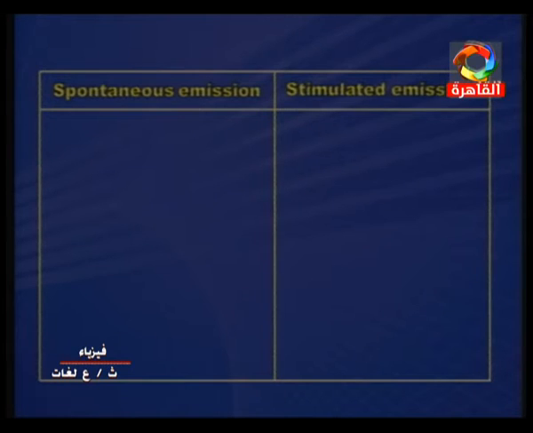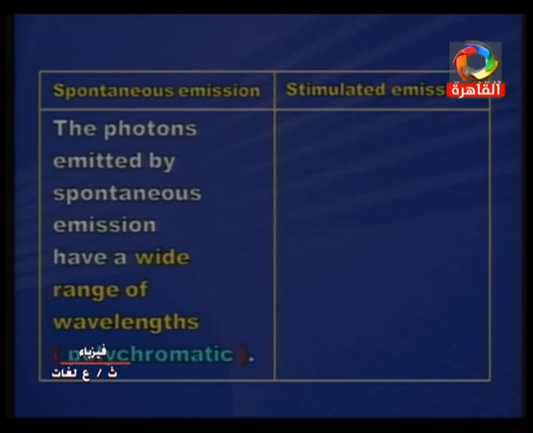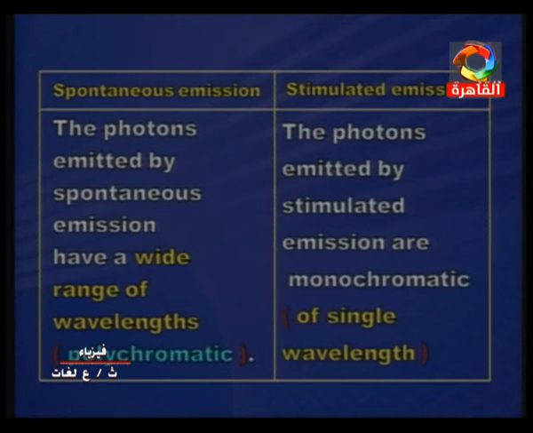And what about the differences between stimulated and spontaneous emission? Okay, we'll take it one by one. The photons emitted by spontaneous emission have a wide range of wavelengths, many wavelengths. We call it polychromatic. But photons in stimulated emission are almost of one wavelength.